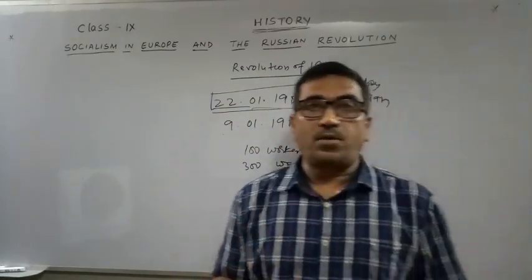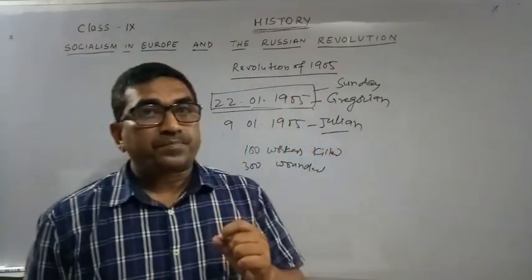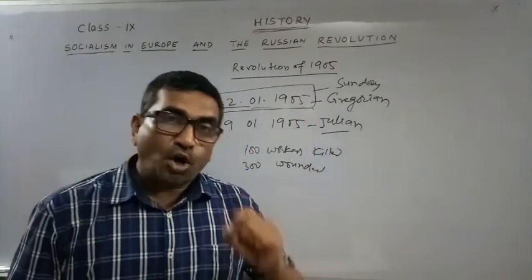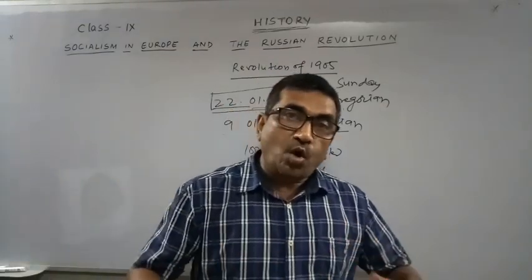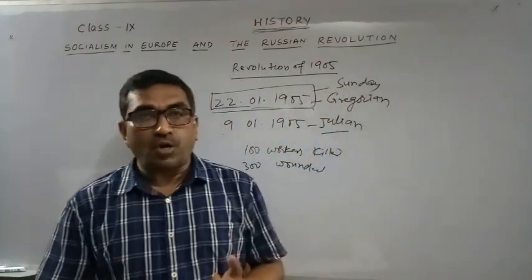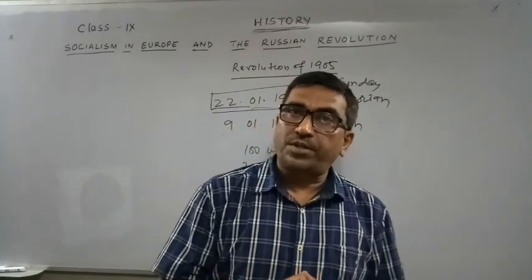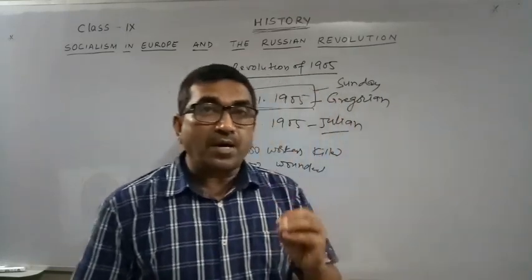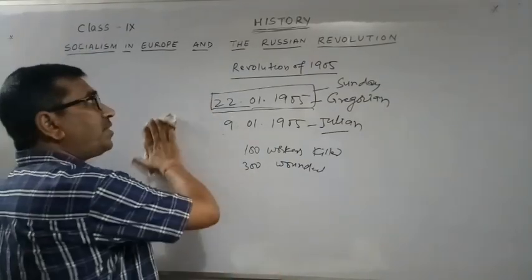What happened afterwards? After this act or movement, they were being supported by all the groups that we are discussing: students, doctors, lawyers, professionals. They were all supporting. They were demanding a constitution. When they rebelled, what were the demands?